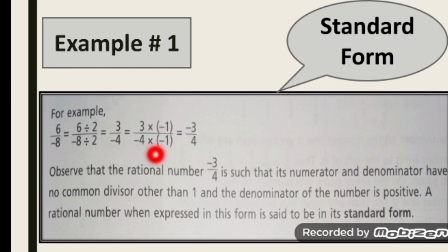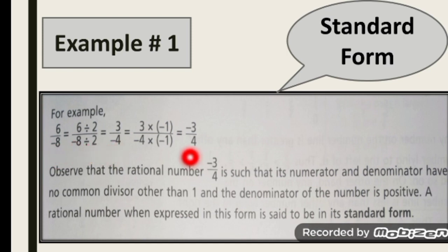Minus 4 multiplied by minus 1 will be equal to 4. Here minus minus will be plus. So the denominator will be positive. So minus 3 by 4 is the standard form of 6 by minus 8.